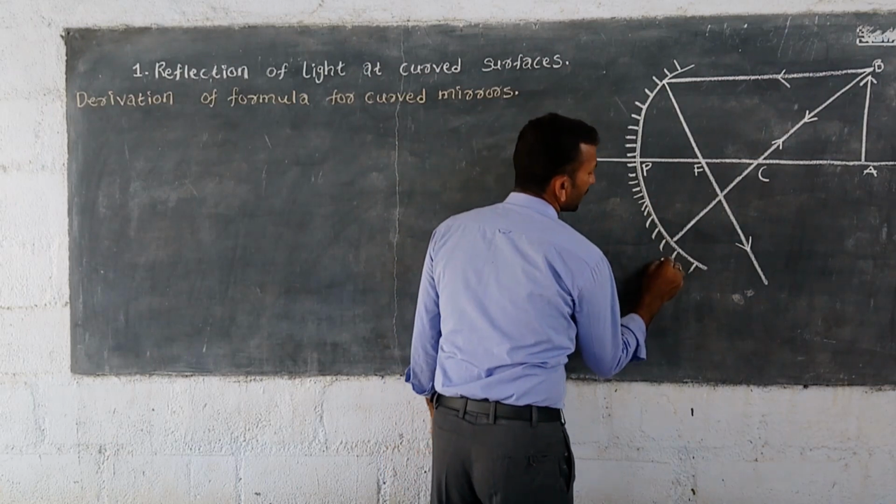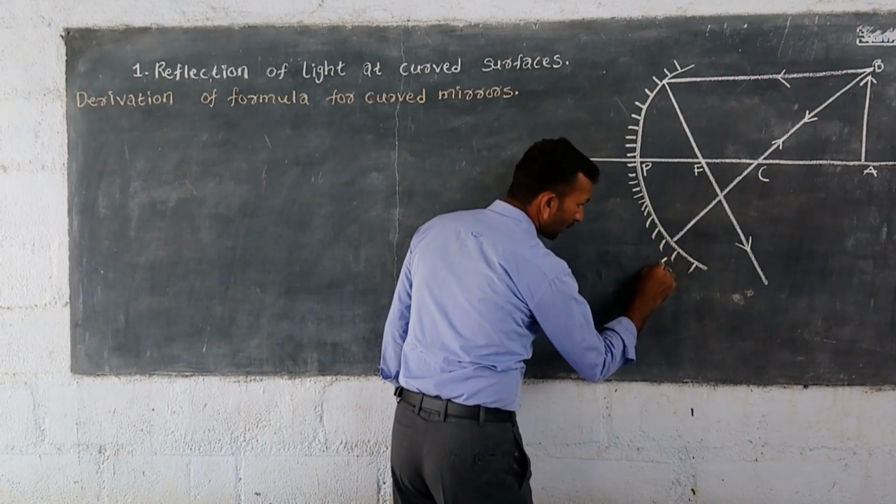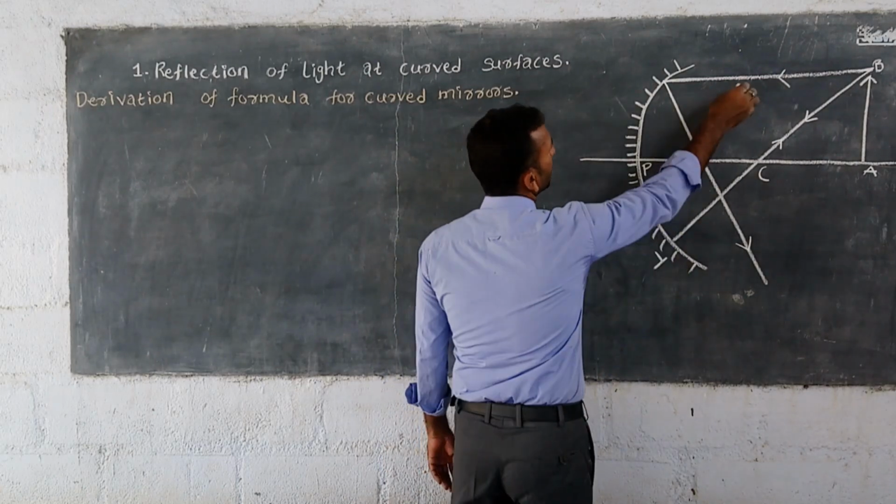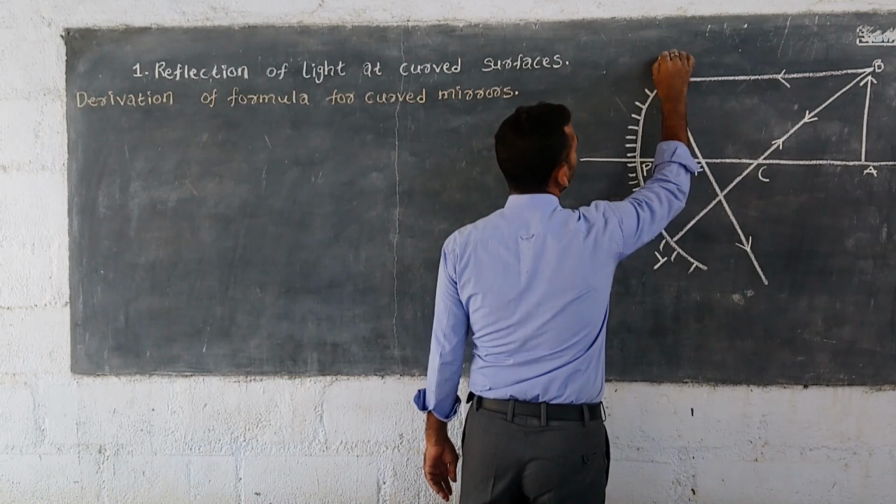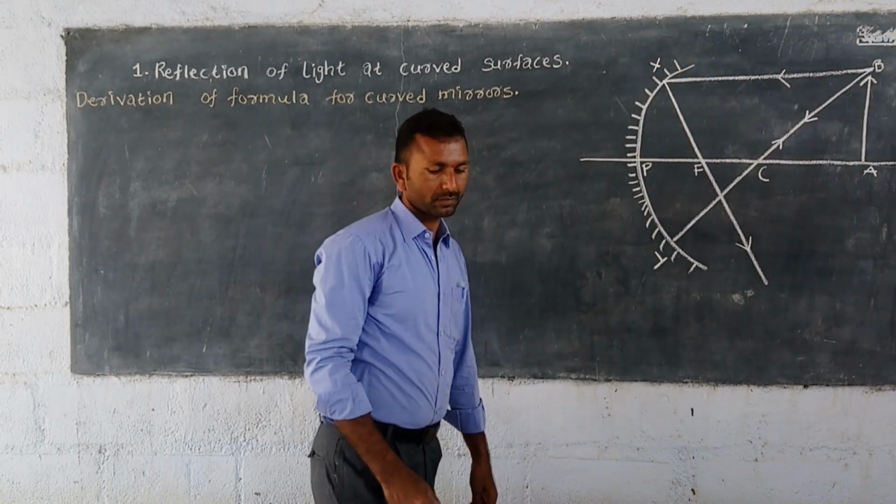This light ray is incident on the mirror at point Y, and the first light ray is incident on the mirror at point X.